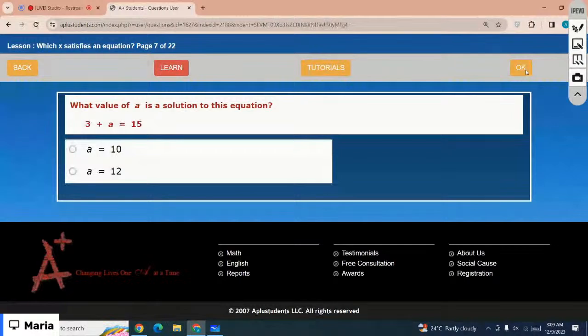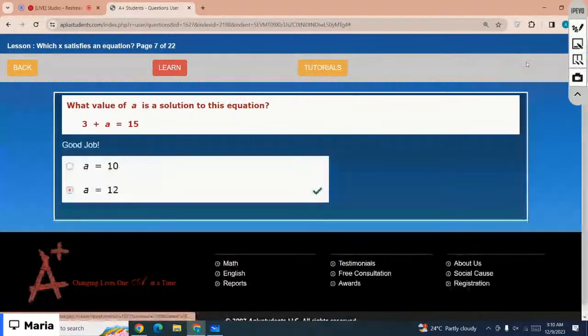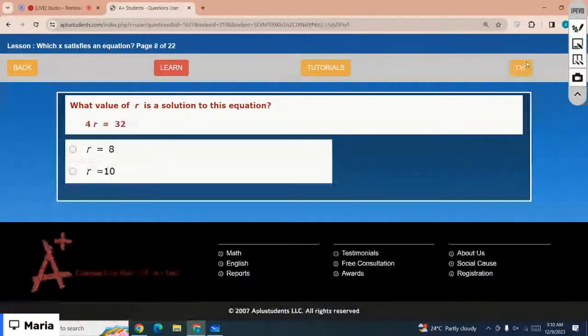So which is the correct option? Yes, it is a equals 12. The correct option is a equals 12, right? The next one is what value of r is the solution of this equation? 4r equals 32. So which is the correct option?